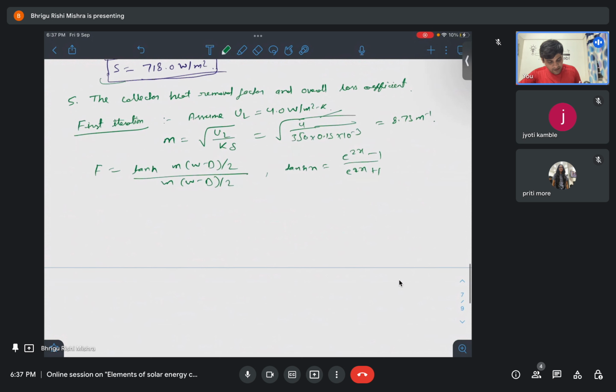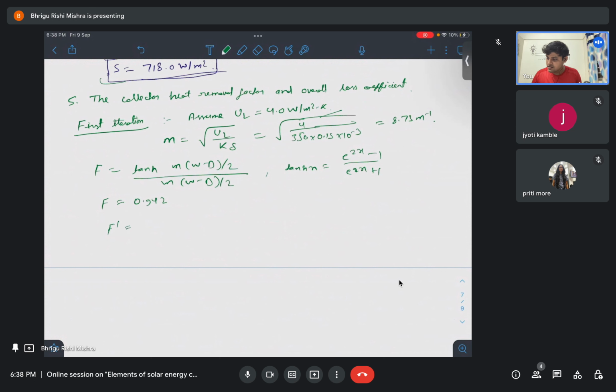So if you calculate the fin efficiency, it turns out around 0.433, sorry, not 0.433, it's 0.942. If you convert it into percentage, it is 94.2%, and that's a very decent fin efficiency. Now we can calculate F dash.